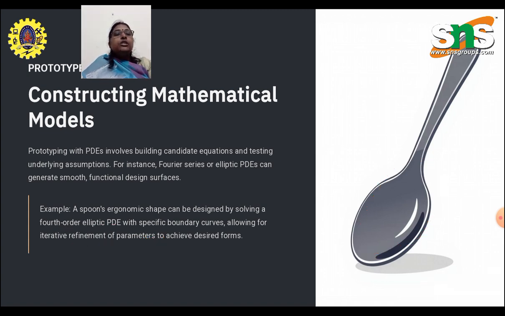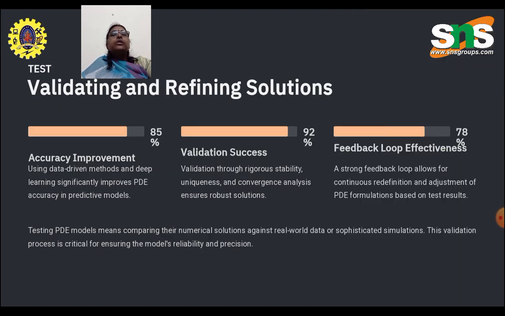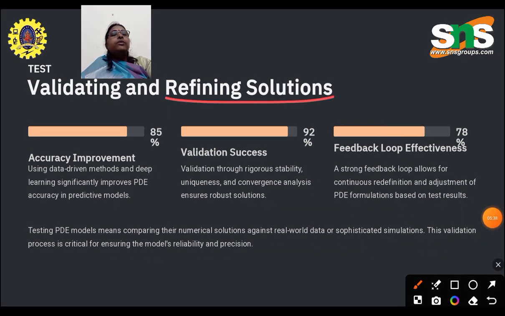In the previous stage we framed the formula, and here we are constructing the mathematical model. The next stage is test. Here we validate what we constructed, and if there are any problems we refine the solutions.